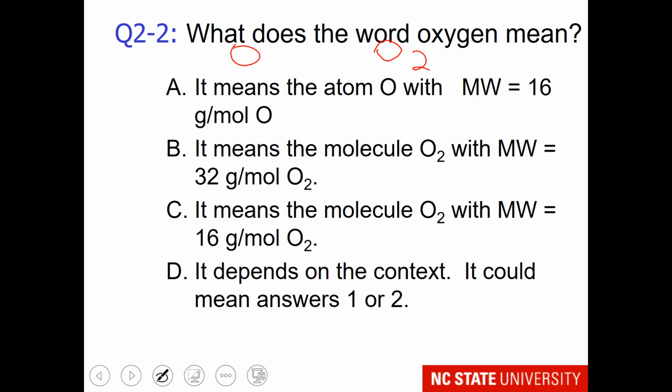Well, typically, if you are working in a compound, like for example, our calcium nitrate, you want to use O, the atom. So that means the molecular mass is 16 grams per mole of oxygen atoms.